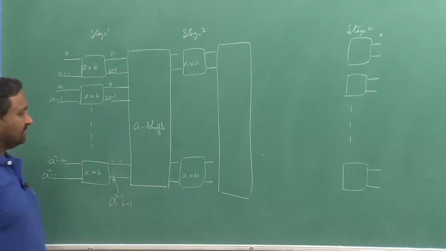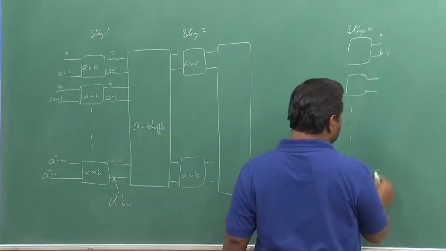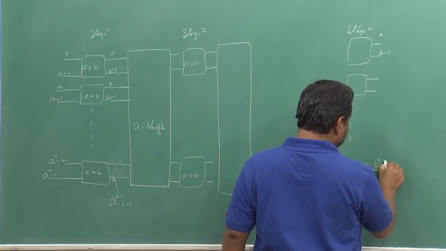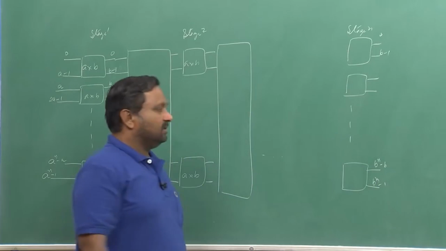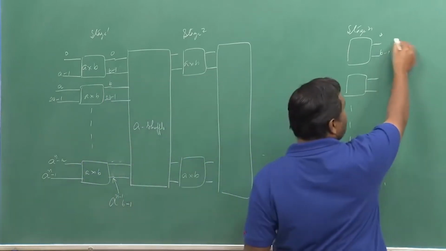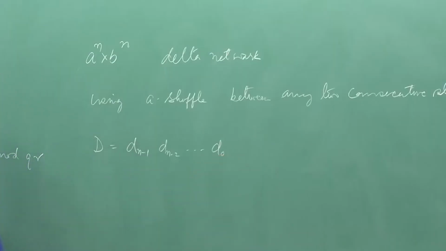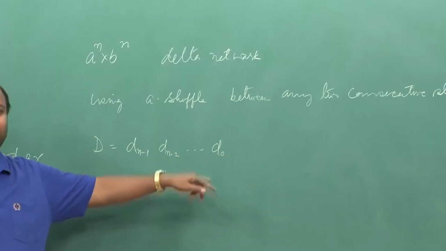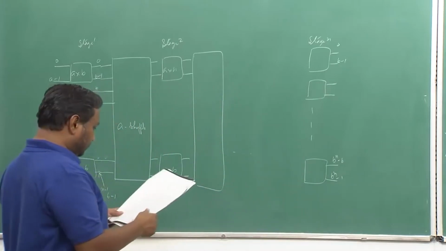Sorry, this will not be this. Here you will actually have 0 to b minus 1, b raised power n minus b, b raised power n minus 1, and each one of these will now be represented by a n digit number. Each digit will be a base b digit which will be used as a destination address.